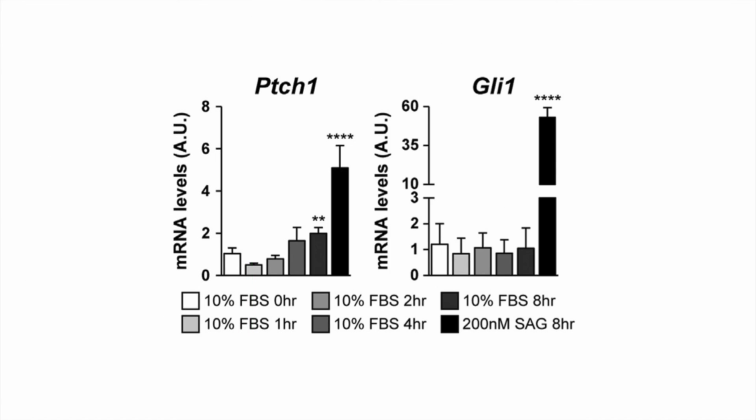To further verify this, the researchers looked at mRNA levels of PTCH1 and GLI1 genes under growth stimulation by FBS, as well as by treatment with the smoothened agonist SAG.